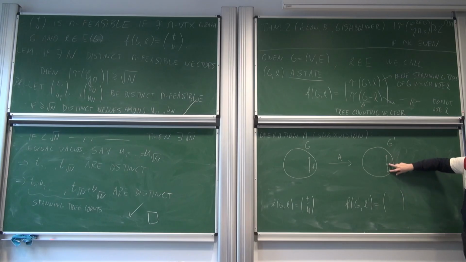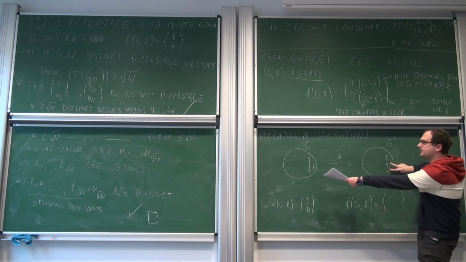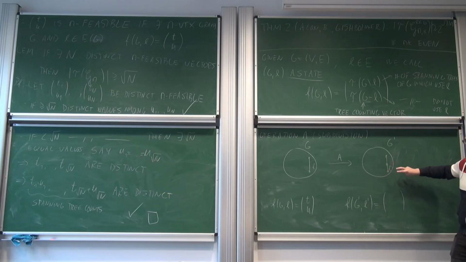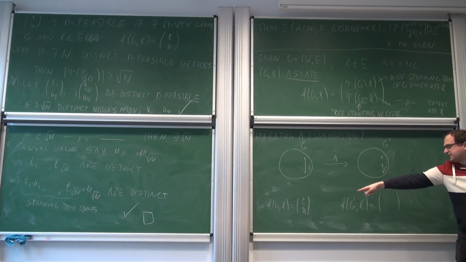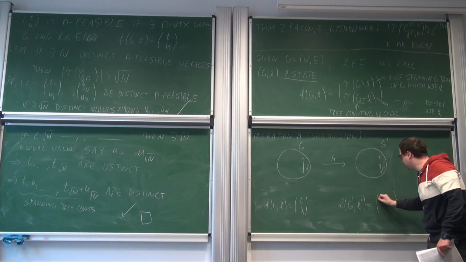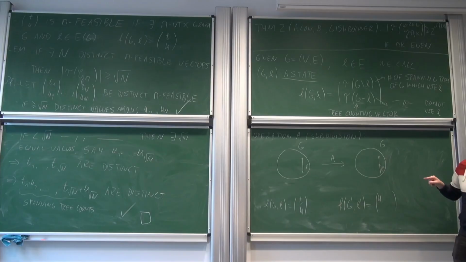So if I use E prime, I have one decision to make, two choices. Do I use the other edge or not? If I do not use it, then I have exactly the same thing as if I didn't use E in G. If I delete this pendant edge, I have to use it, and everything else is just a copy of G minus E. And that was precisely U. So we get U if we don't use that edge.